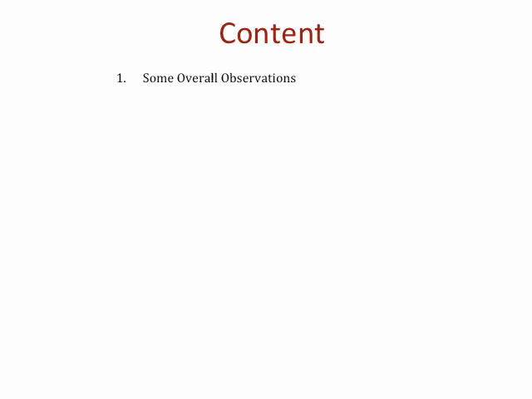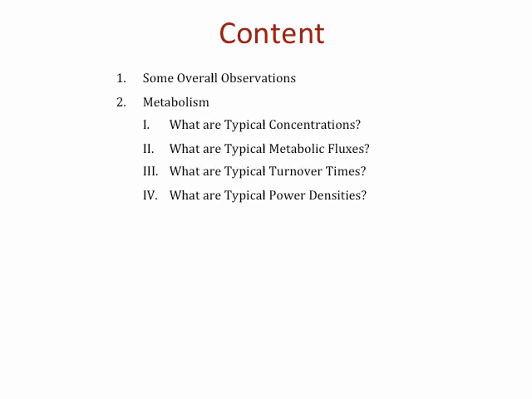Then we will try to estimate a few quantities associated with metabolism: typical concentrations, typical fluxes, half-lives of molecules, and power densities. Although I think I will skip the slides on power densities because the lecture is already a little long. Then we talk a little bit about macromolecules, the typical sizes of genomes, protein concentrations, the production rates or fluxes of macromolecules, and their turnover times.